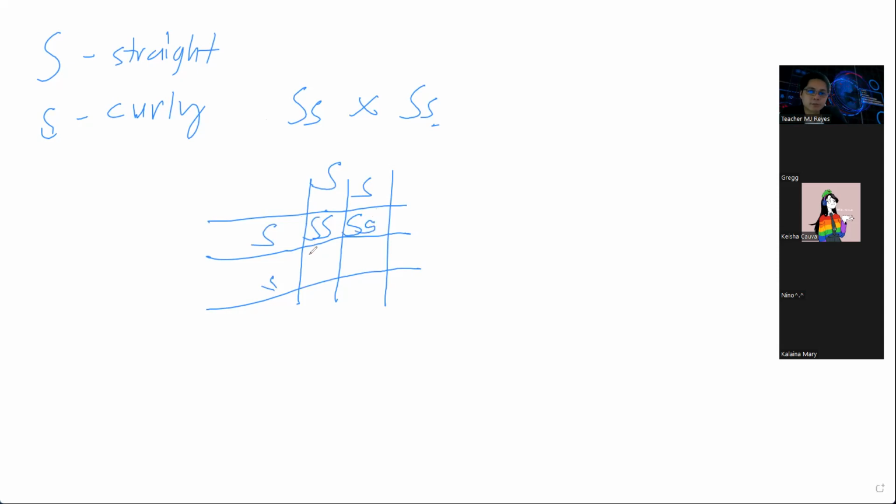In the lower box, in the third quadrant, you can see that the male contributed a dominant allele straight, and the female contributed a recessive allele curly. In the fourth quadrant, you can observe that the male contributed a recessive allele curly, and the female also contributed the recessive allele curly.